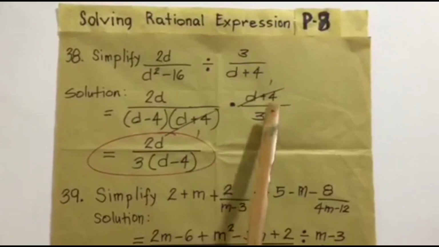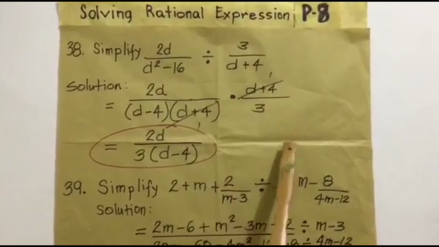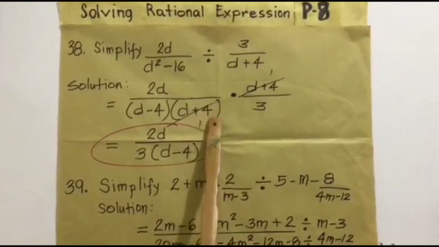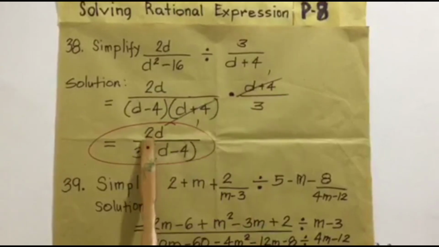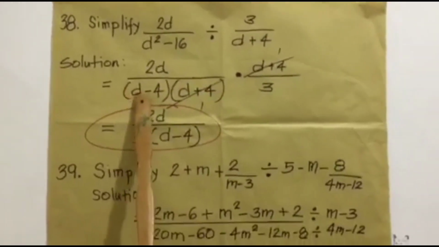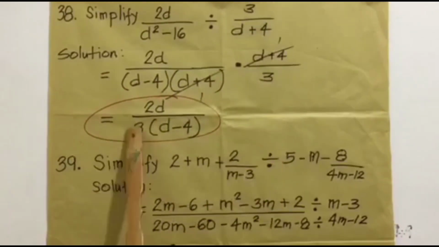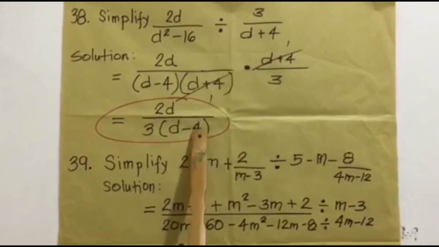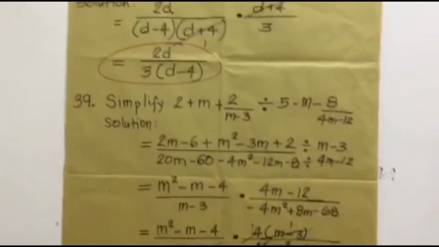After that, we're going to cancel the same numerator and denominator, and we write 1. Then we multiply horizontally. 2d times 1 equals 2d, and d minus 4 times 1 times 3, so we have 3 times d minus 4. So this will be our final answer.